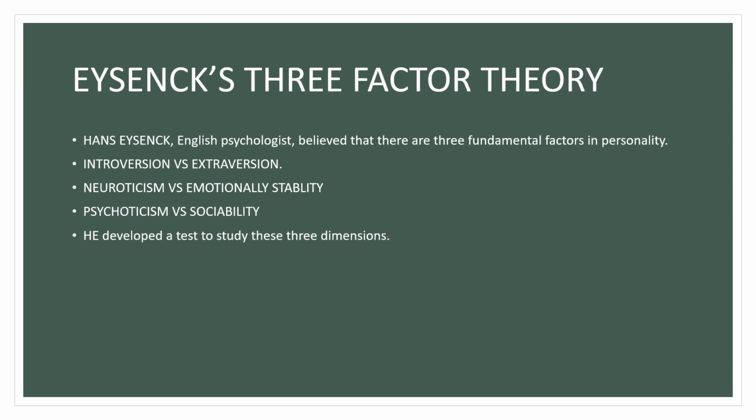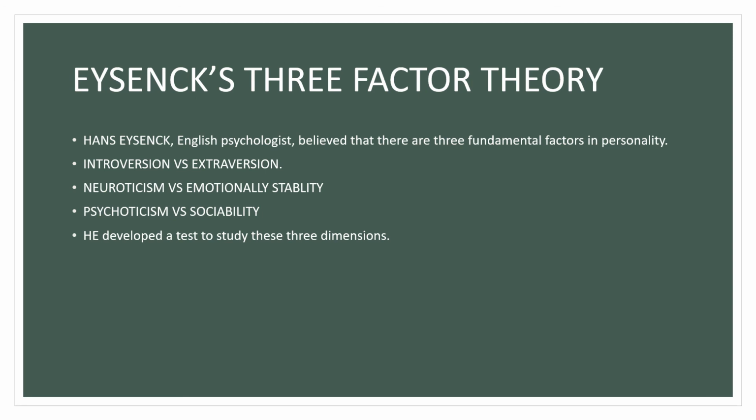The last one is psychoticism versus sociability. A person who scores high on the psychoticism dimension tends to be hostile, egocentric, and antisocial. He also developed a test called the Eysenck Personality Questionnaire, used for studying these three dimensions of personality.